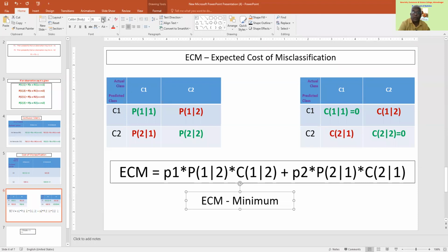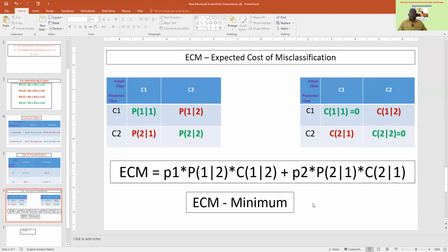Now, mathematically speaking, when we want to minimize a function, this ECM is a function. It is a function of prior probability, probability of misclassification, and cost of misclassification, out of which P1, P2 and the costs of misclassification are constant, and these probabilities will change. So essentially, the expected cost of misclassification is a function of P1 given 2 and P2 given 1.